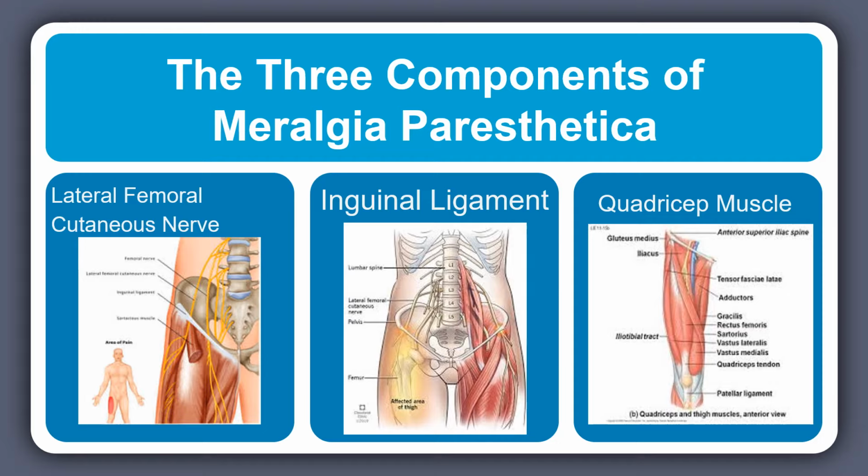Most often, this is caused by a compression at the inguinal ligament. So an assessment of the inguinal ligament is important to determine if that's the cause. Quadriceps muscles originate around the inguinal ligament, and tightness in the quadriceps muscles can play a part in Meralgia Paresthetica.